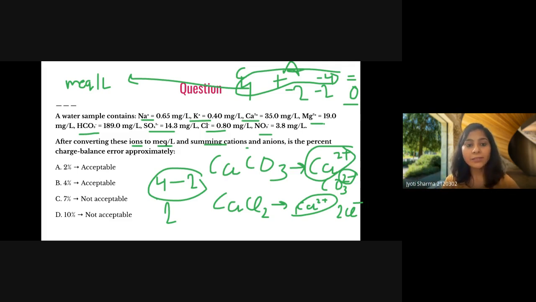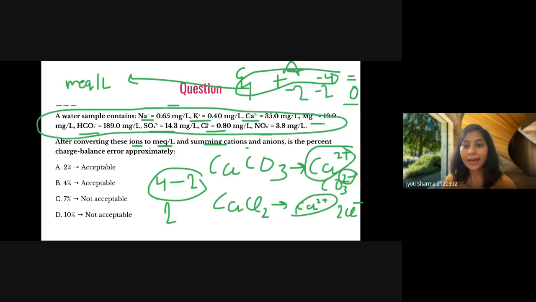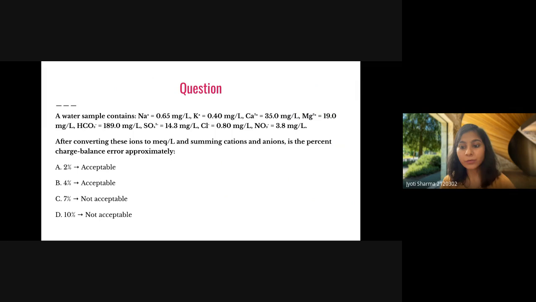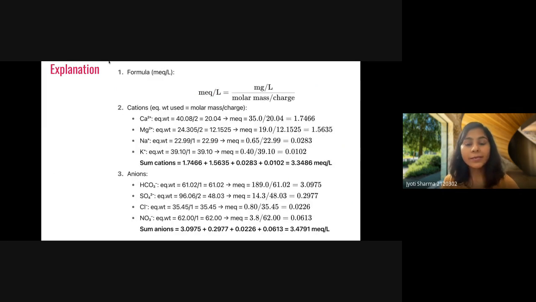So likewise, based on these values that are already given, can you calculate the error, and is that error acceptable for us or not? Let me show you how we can calculate this. If I'm going very fast, you can let me know. But okay, just see here.